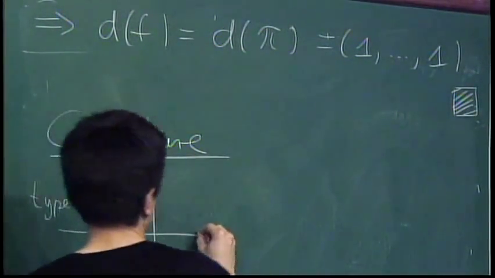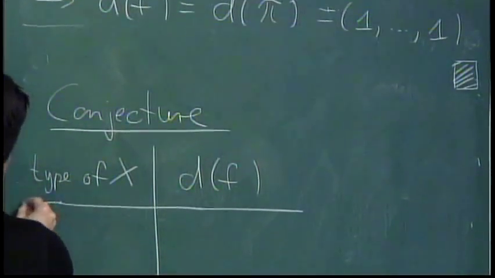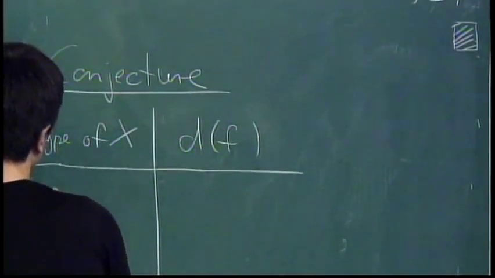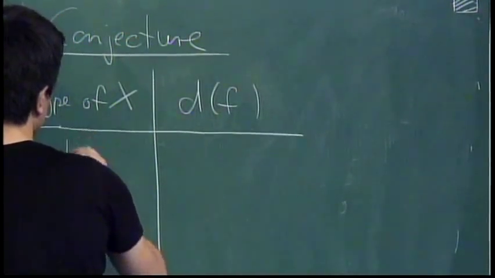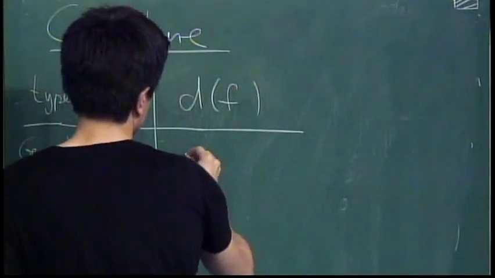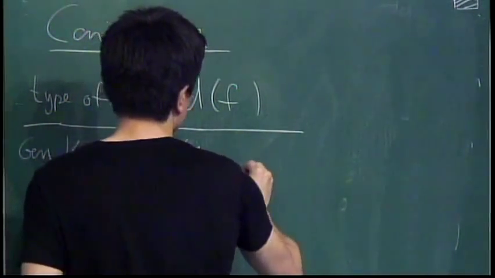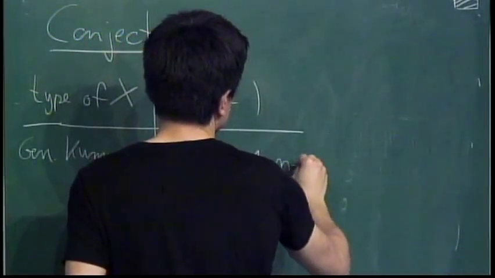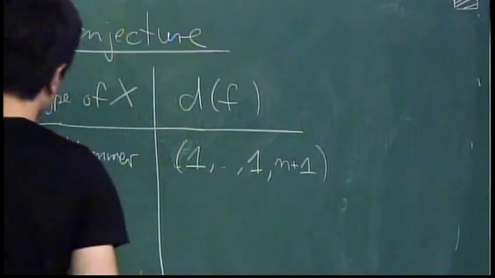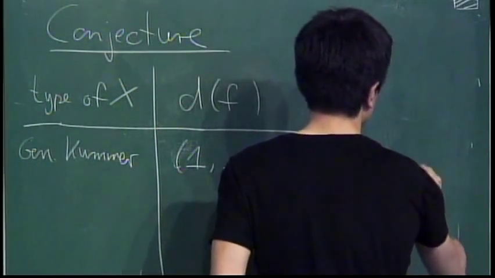Type of X and the polarization of f. So if we think of a generalized Kummer type, then I think that the polarization type is (1, 1, ..., 1, n+1). And this is actually due to an example of Sawon.